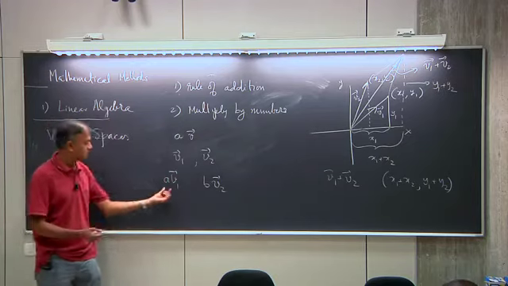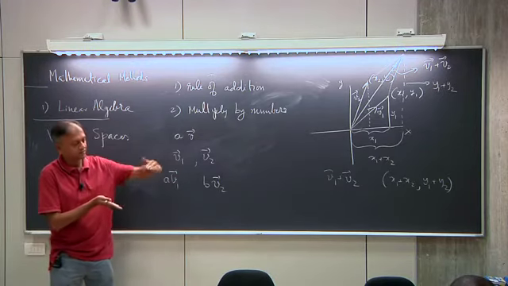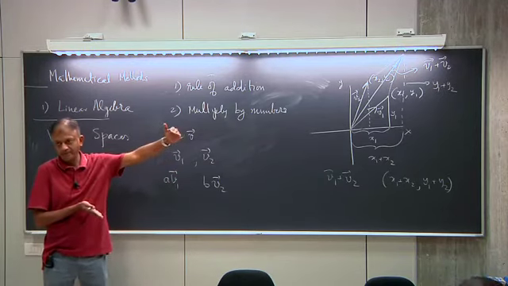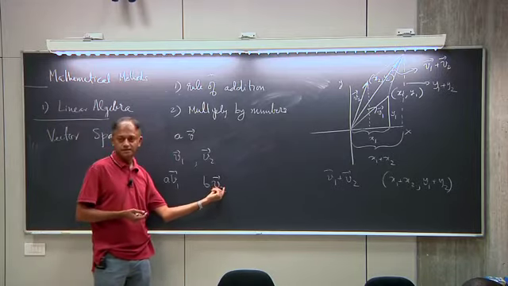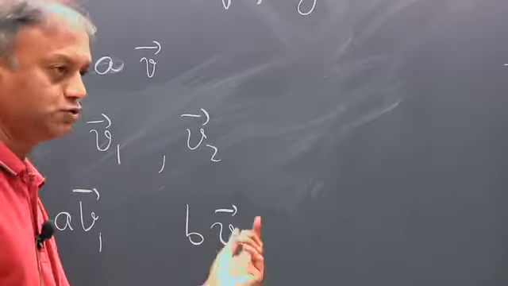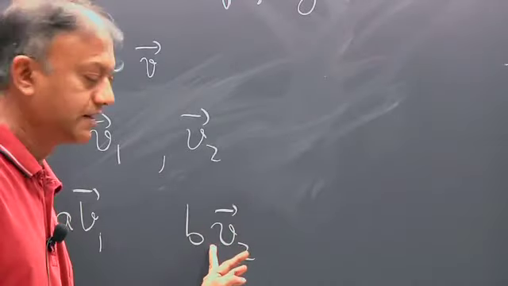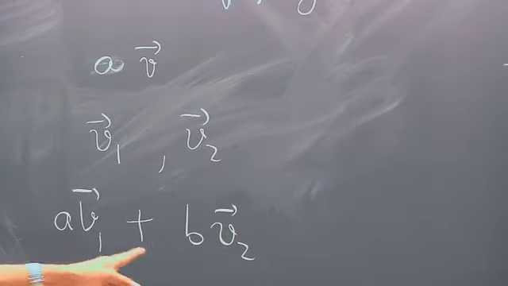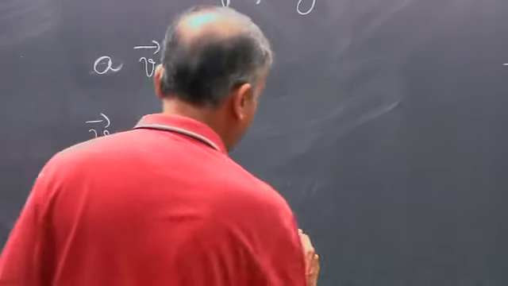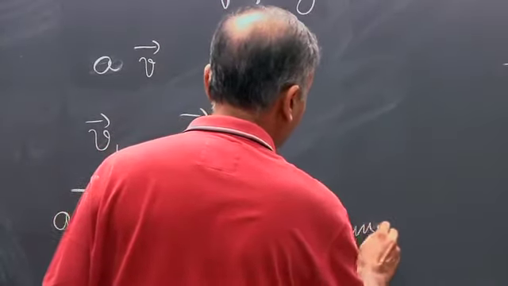This vector is nothing else but the length of v1 multiplied by a, but the direction is the same. Similarly, this will be b times the length of v2, with the direction being the same as v2. And then I can also add these two vectors. Again, by the same rule of adding two vectors, this will again be another vector.